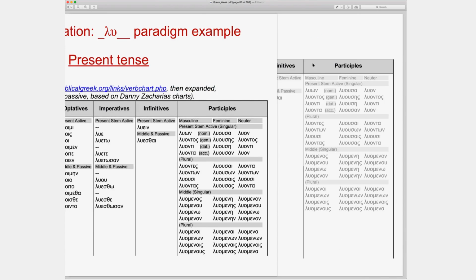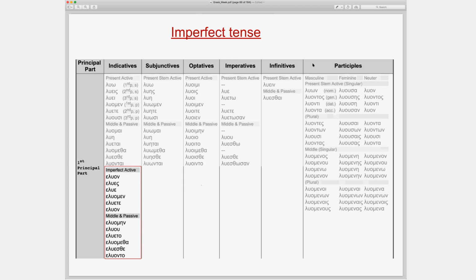Then let's go to the next slide, shows the imperfect tense. Eluon would be I have been loosing, or eluomen, I have been being loosed, and other variations.